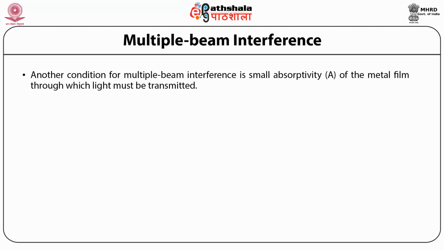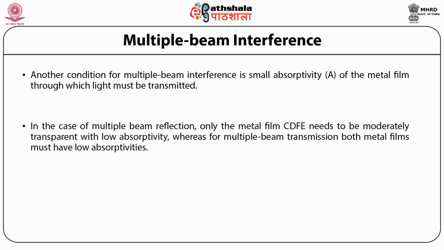Another condition for multiple beam interference is small absorptivity of the metal film through which light must be transmitted. In the case of multiple beam reflection, only the metal film CDFE needs to be moderately transparent with low absorptivity, whereas for multiple beam transmission, both metal films must have low absorptivities.